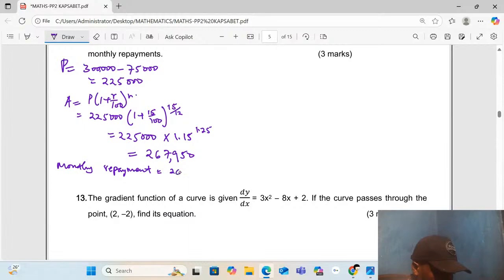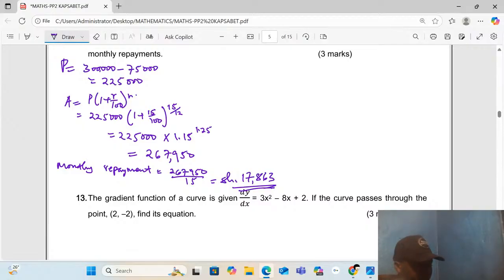So this one will be 267,950. He is supposed to pay in 15 months. So each month he is going to pay 17,863 shillings. So this is the amount of money that is going to be paid every month by Jacob.